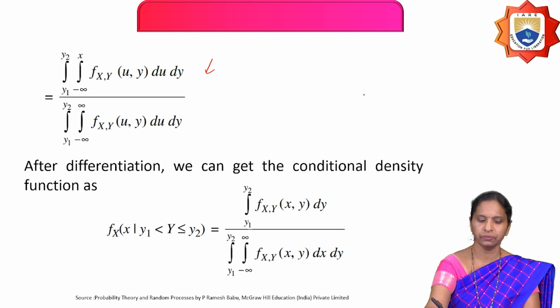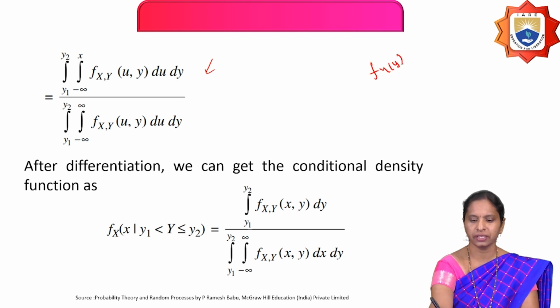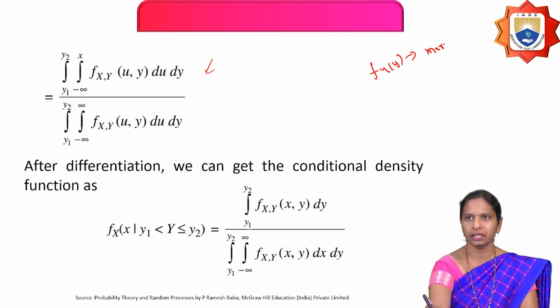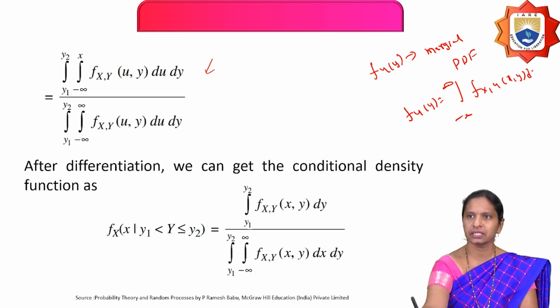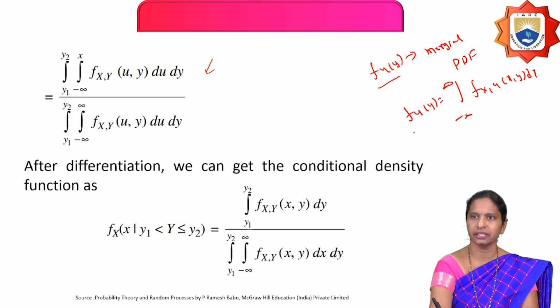And what is f_Y of y? f_Y of y is nothing but the marginal density function. So how can you obtain the marginal density function? By integrating the joint density function with respect to x over the limits minus infinity to infinity, you are going to get the marginal density function.